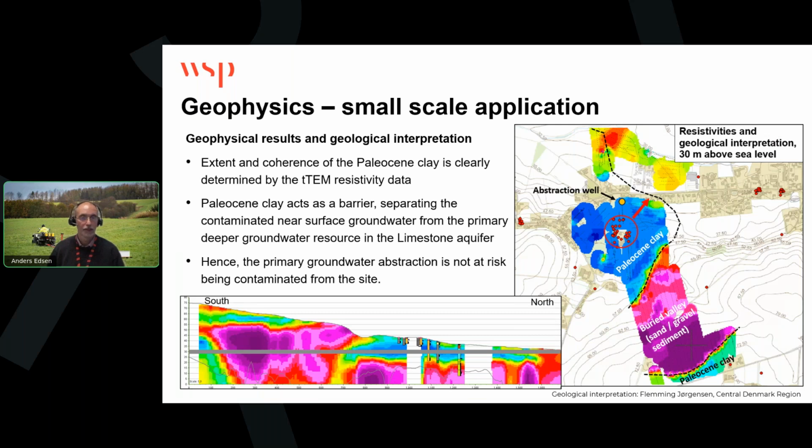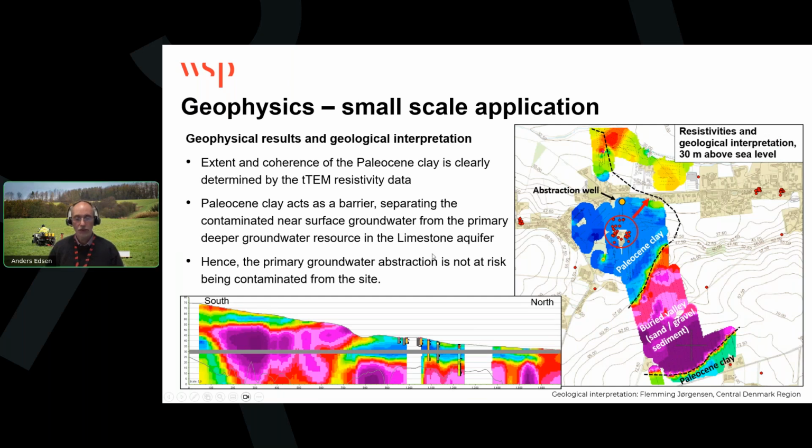That means that any pollution on top of the ground will never reach, or never is a big word, but the risk of reaching the primary groundwater resource below the Paleocene clays is very, very low. If there is a risk, it is that the contamination can travel on top of the clays and maybe reach a small water stream on the northern part of this map.